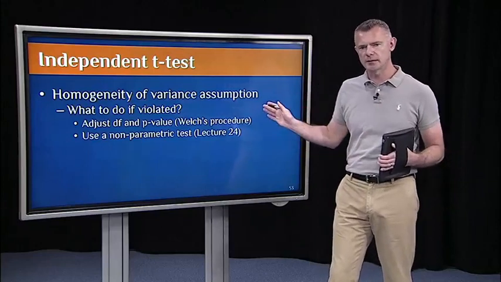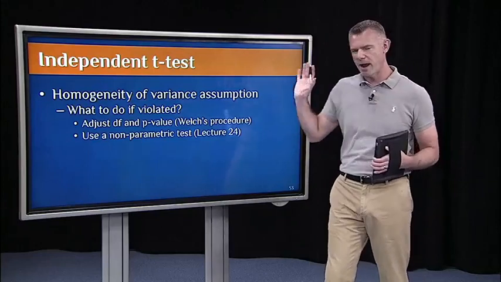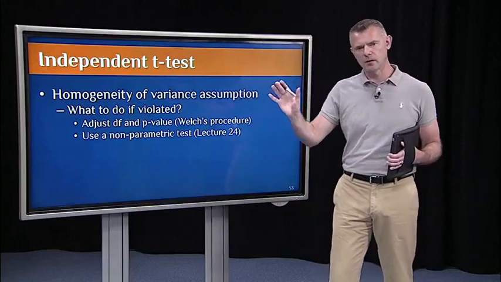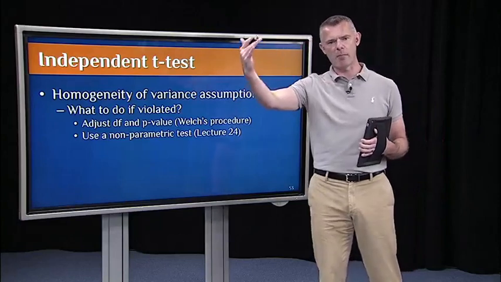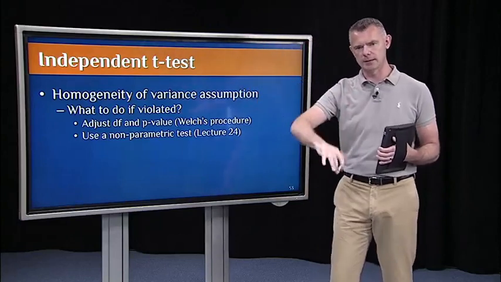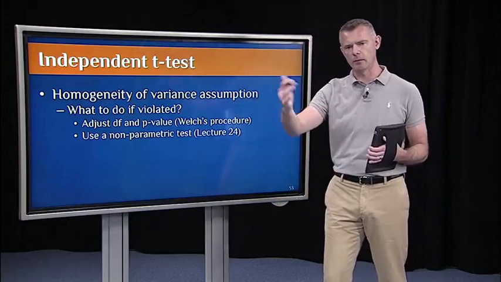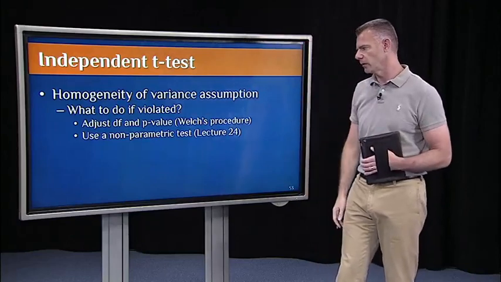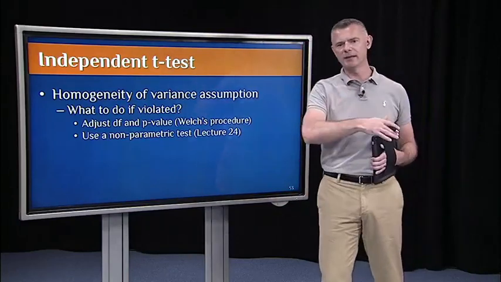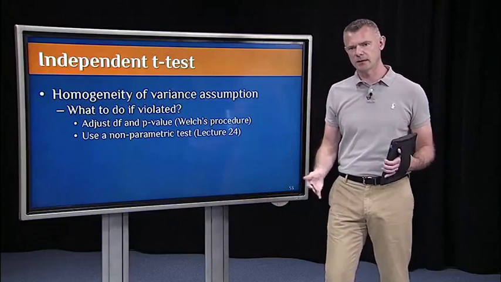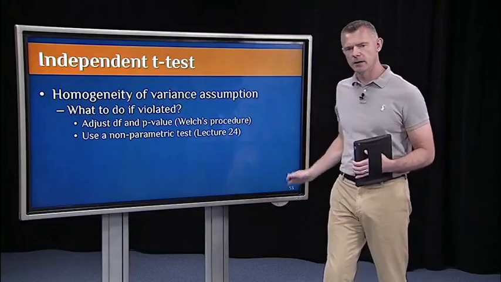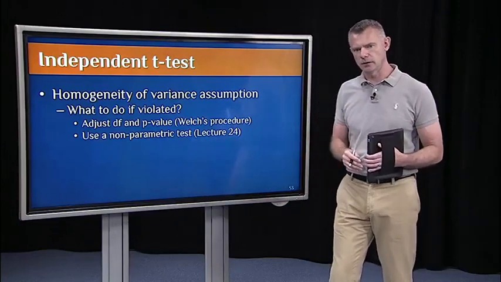Rather than do a t-test, which is called a parametric statistic, parametric because we are trying to make inferences about population parameters based on this sample, right? The central limit theorem. All of this has been parametric. You could just abandon this approach altogether and do a non-parametric test. And we're going to cover that at the end in the very last lecture, lecture 24.